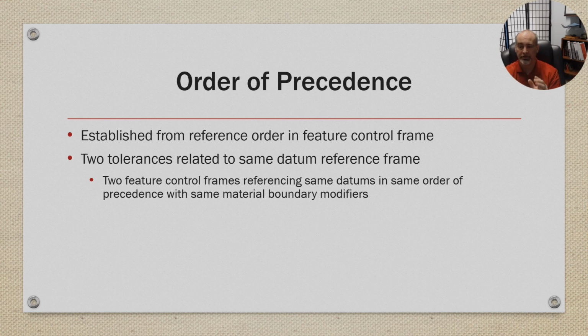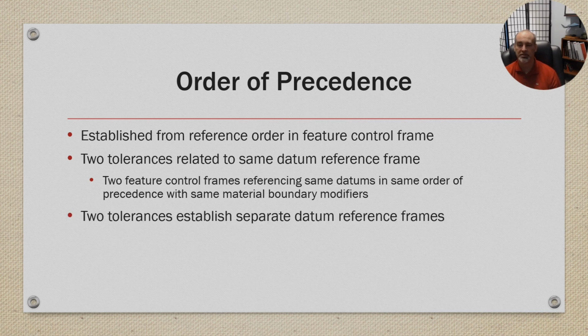The datum reference frame is actually the physical 3 planes that make up our translational control. And what this is saying is the only time you use the same exact feature control frame for 2 different tolerances is when the datums are called in the same order and they're using the same exact datums. Otherwise, you end up with 2 different frames.